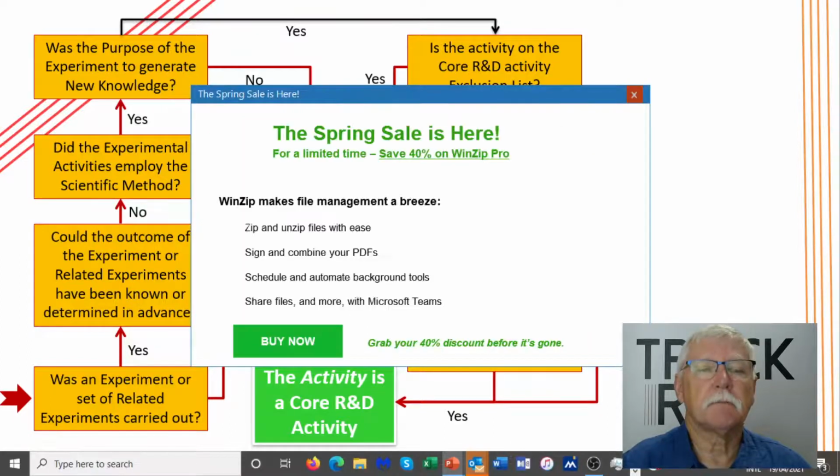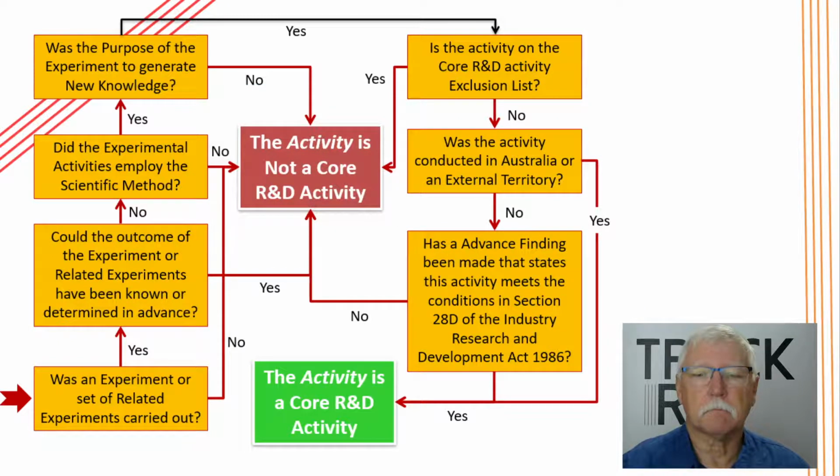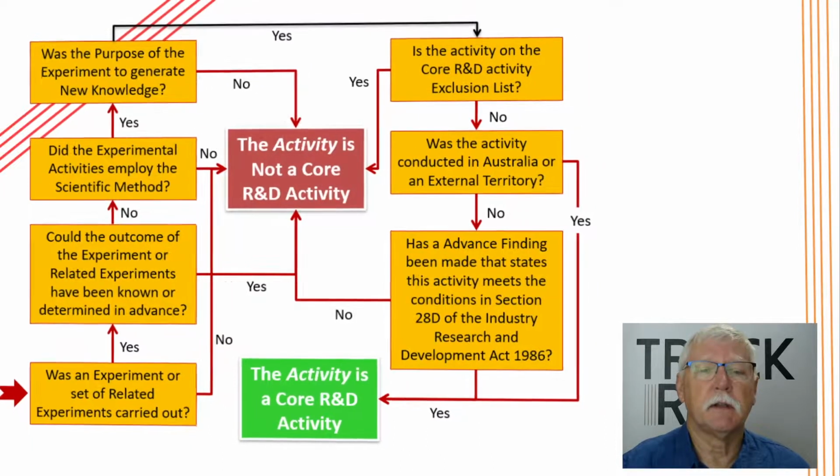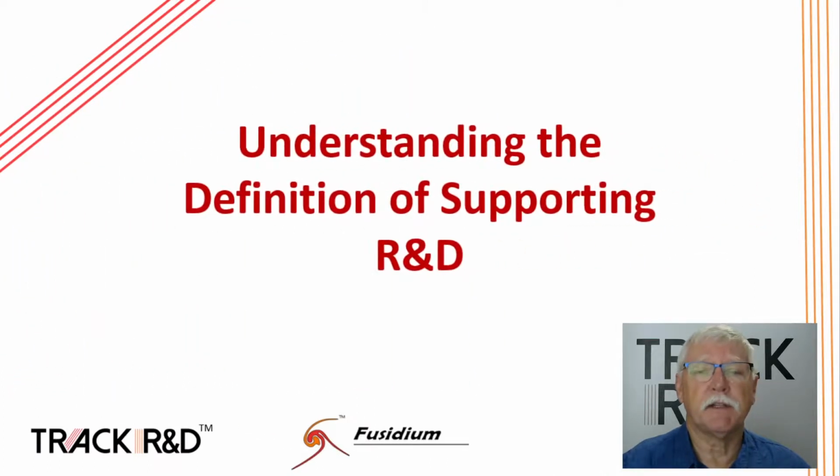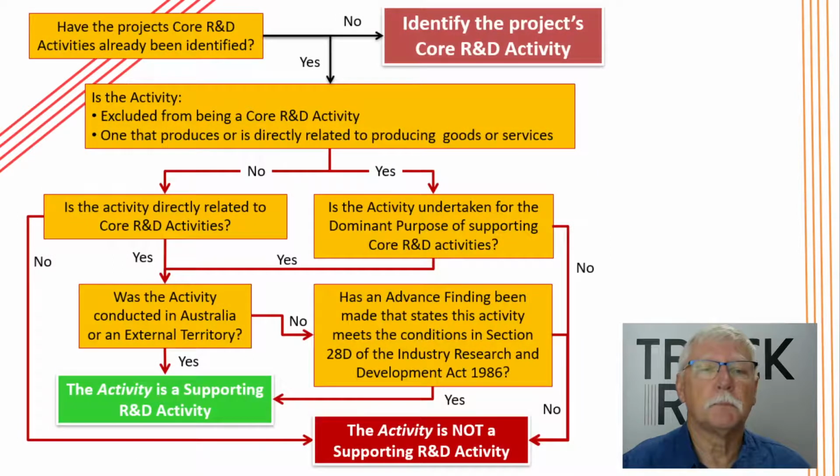Having discussed what a core activity is with respect to the R&D tax incentive, let's now have a look at the definition of a supporting R&D activity. In this schematic, again adapted from information provided by Industry, we start at the top left.